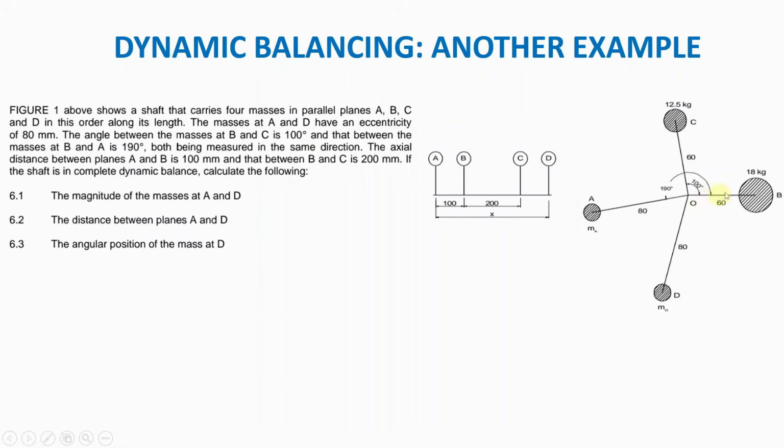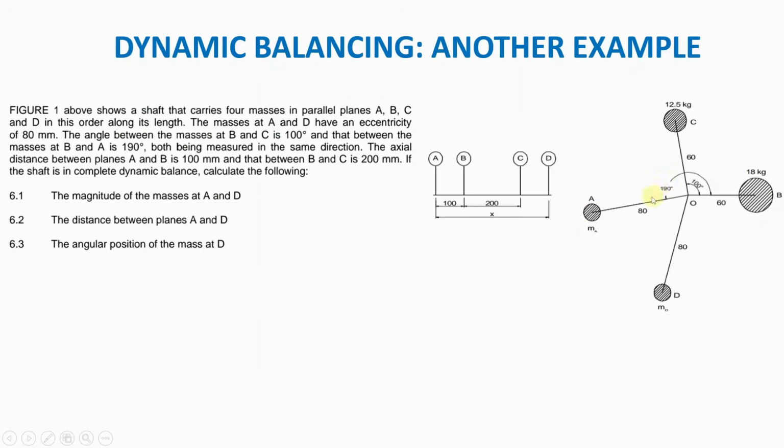And now the angle between that line and the one from O to C is 100 degrees. That is what they mean by this statement here: the angle between the masses B and C is 100 degrees. And that between the masses B and A, this is B and that's A, that angle there is 190 degrees.